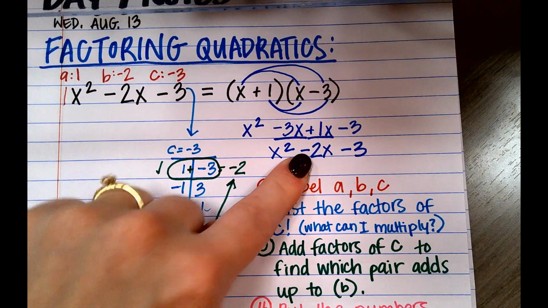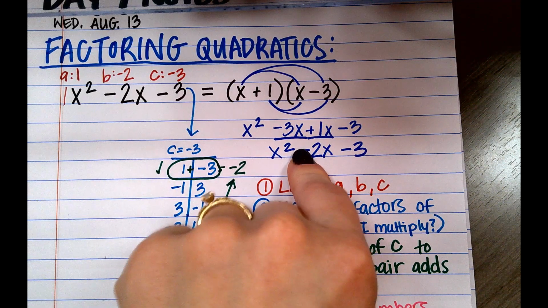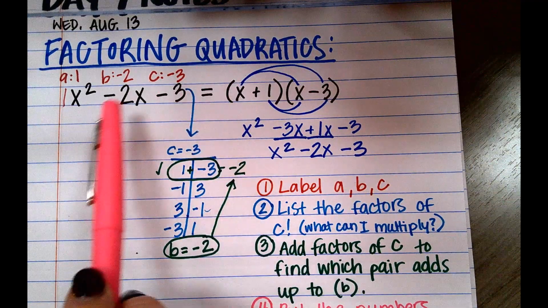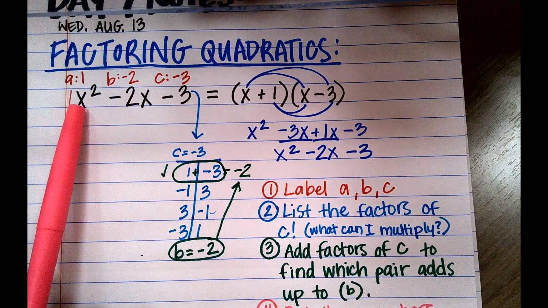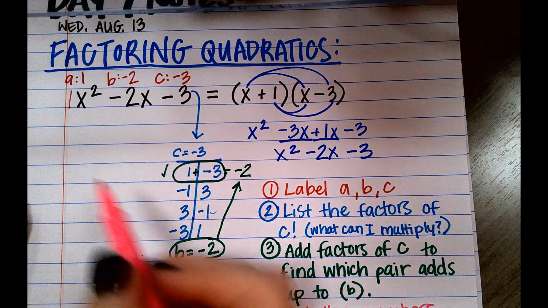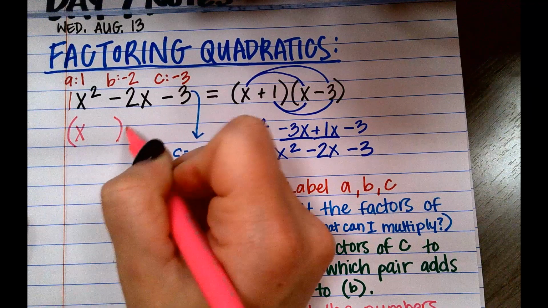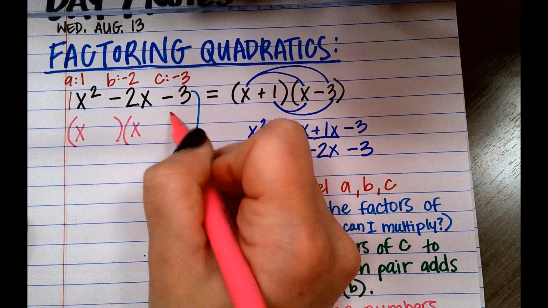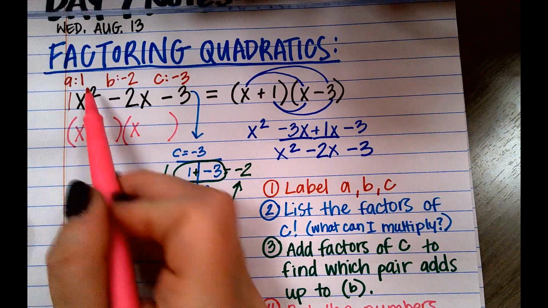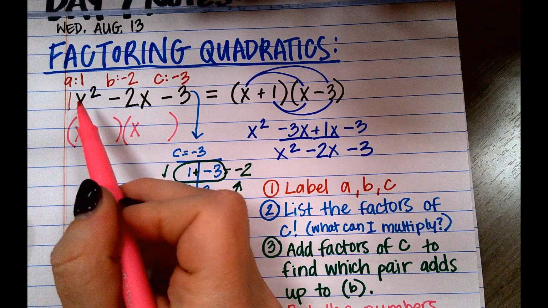We get something that is x squared minus something x, or plus something x, minus something, or plus something. Because we have x squared minus 2x minus 3, I know that my factors have to start with x and x, because the only thing that is going to give me x squared is x times x. X times x is x squared.